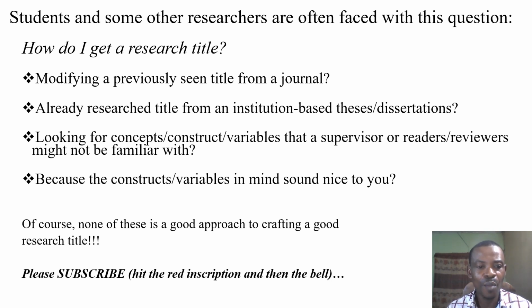So if we must craft a good research title, and these approaches are not good enough, where can a good research title be found? That's an important question that we must answer. Now, where does a good or novel research title come from?